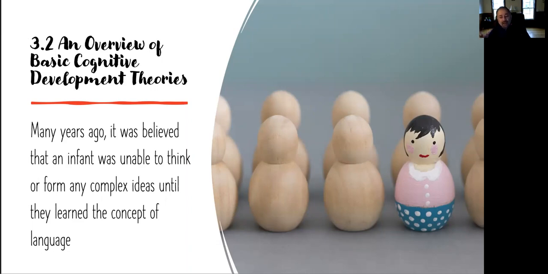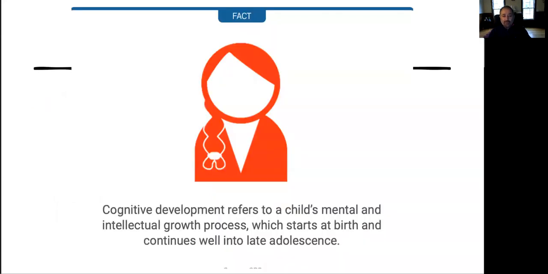They argued that children are malleable, and they believed that the development of a child's intelligence was solely based on their environment. Further, they believed that the child learned based on behavior rewards. Cognitive development refers to a child's mental and intellectual growth, which starts at birth and continues well into late adolescence.